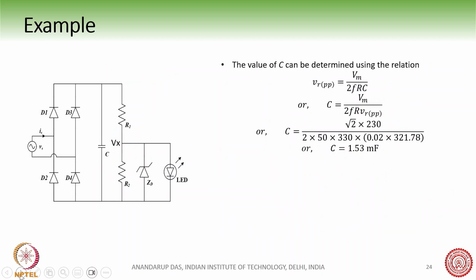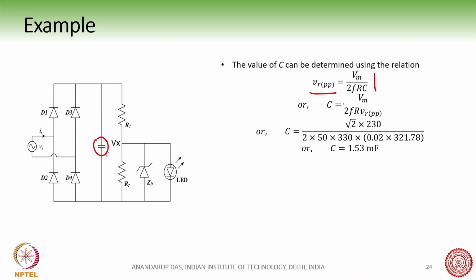Now the next part is the value of C. What can be the value of C? In order to find that value of C, we can use this expression of peak to peak ripple. Again, this expression we have derived before in the previous slides.